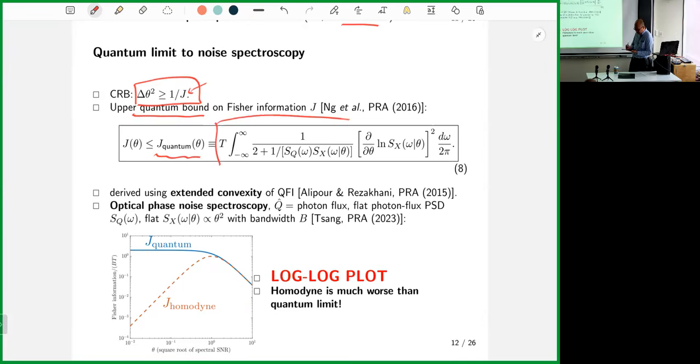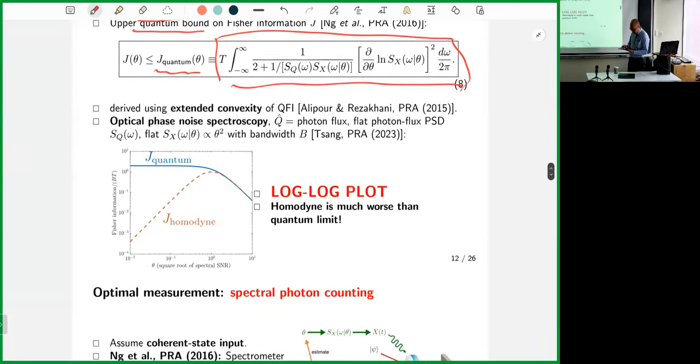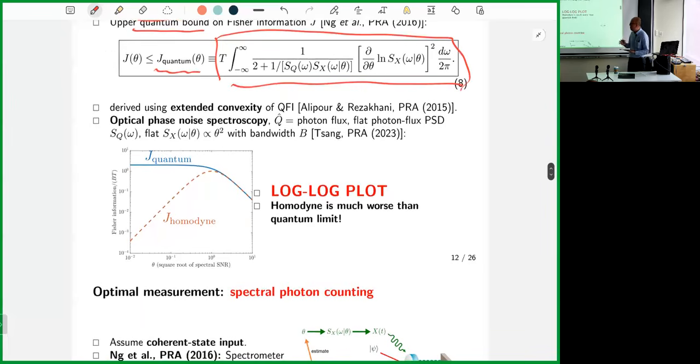It has this scary looking expression here. The expression is not too important, or it's important theoretically, but not so important for the purpose of this talk. I'll just give you a simple example. Let's assume that we are doing phase noise spectroscopy. So you have a continuous optical beam. There's some phase modulation on the optical beam, and we just want to estimate some parameters of the power spectral density of the phase.